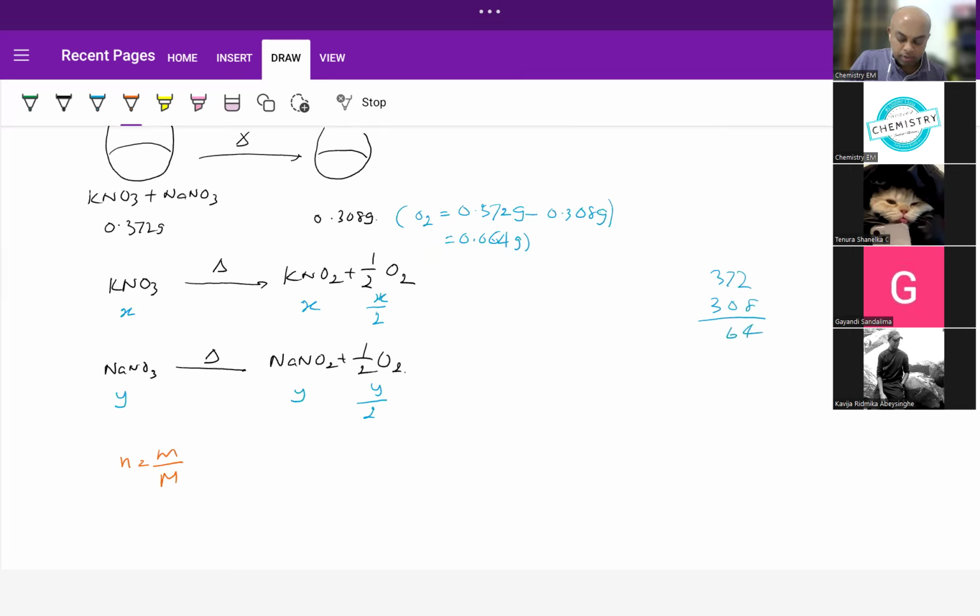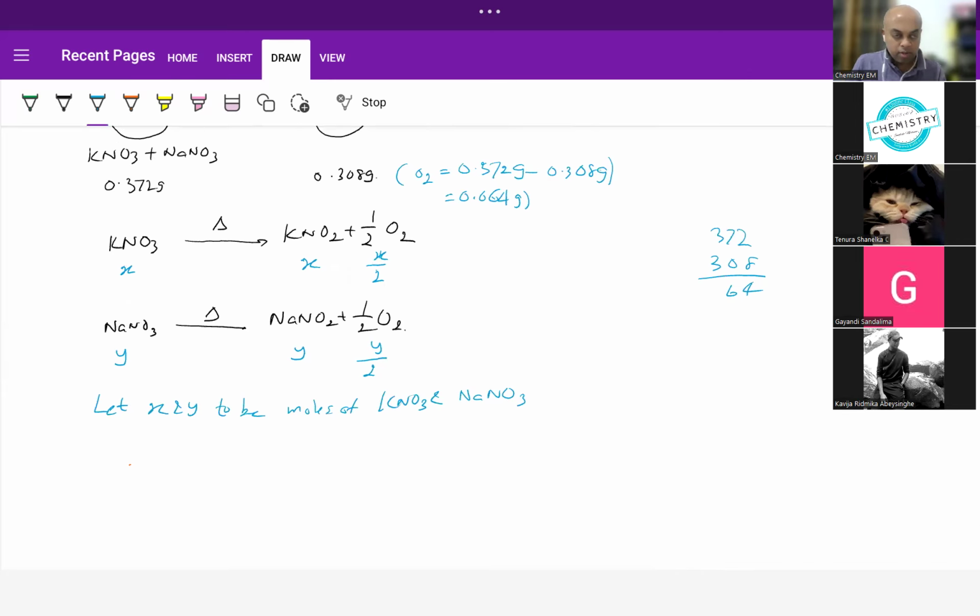Let X and Y be the moles of KNO3 and NaNO3. Then I can build the equation for the initial mass in terms of X and Y: X into molecular mass of KNO3 plus Y into molecular mass of NaNO3.